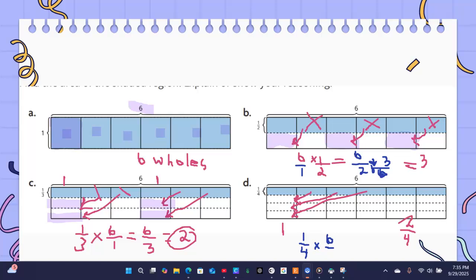We are going to make our whole number a fraction by adding a 1 as a denominator. We're going to multiply straight across. That equals 6/4. And again, I ask myself, how many groups of 4 can I make in 6? And that would equal 1 whole with 2 left over.